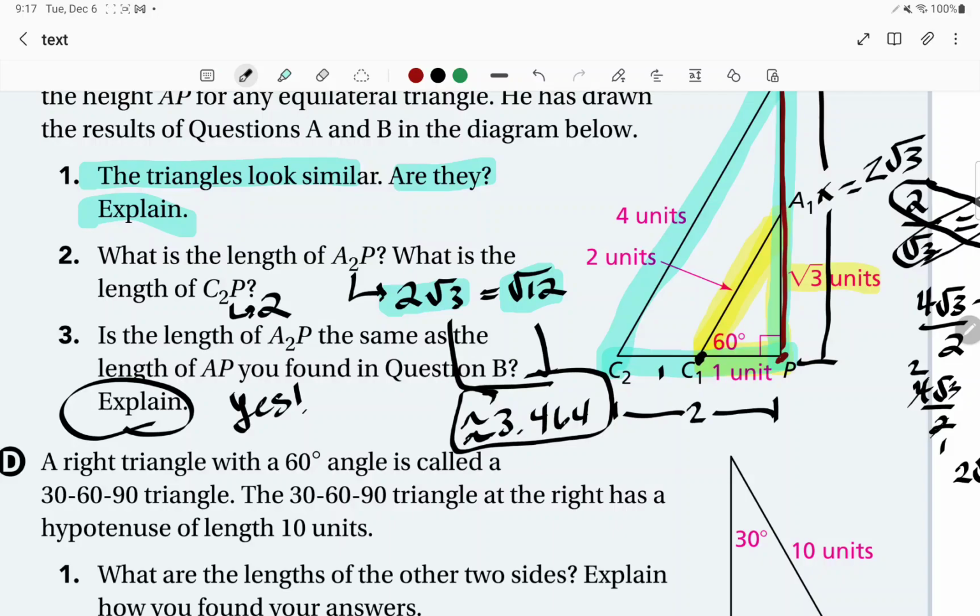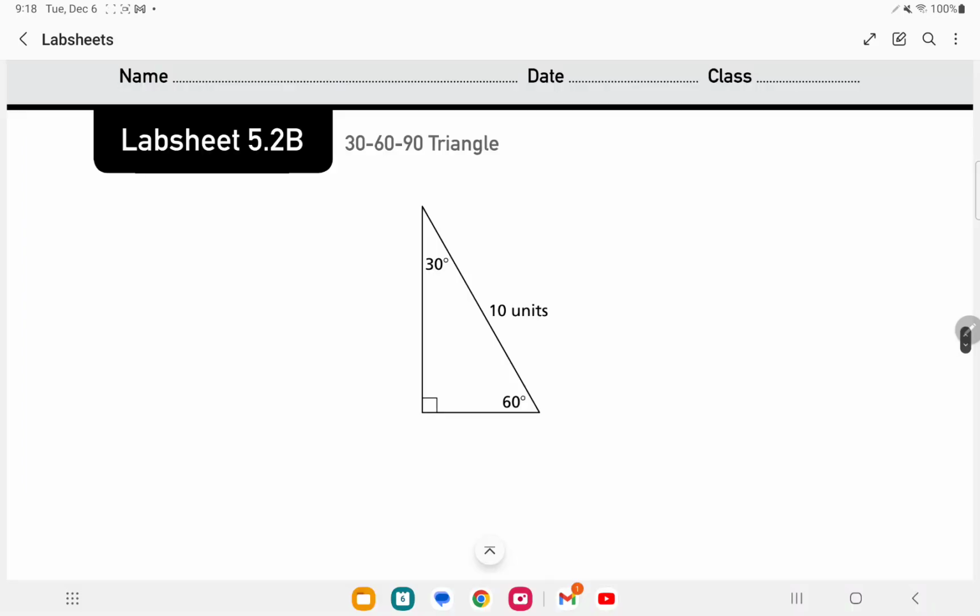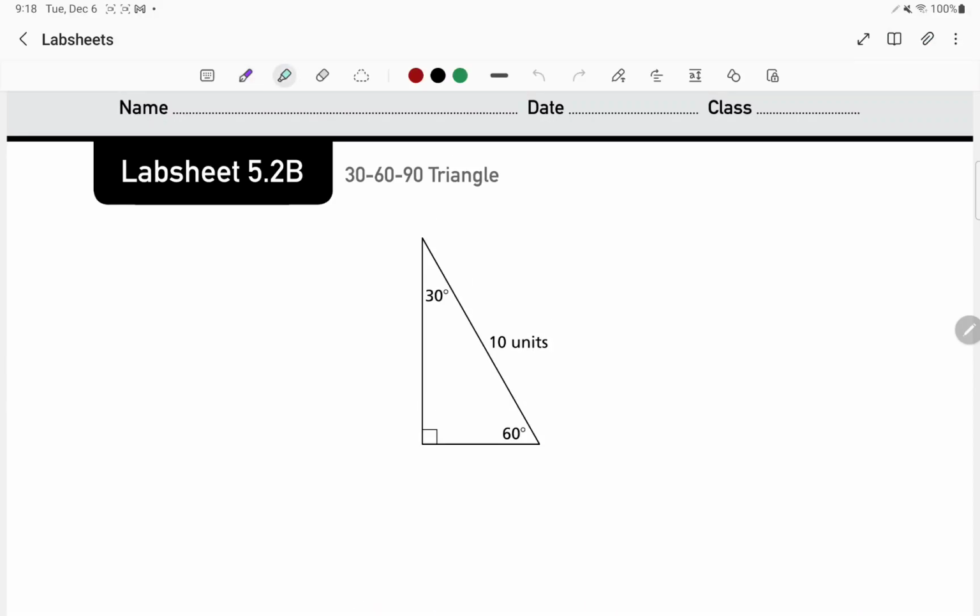Okay, let's look at part D. For part D, you have a lab sheet you can answer all of these on. So let's jump over to that lab sheet to answer some of these questions. The first question: we have a 30, 60, 90 triangle, and it's a 30, 60, 90 triangle because those angles are 30, 60, 90.